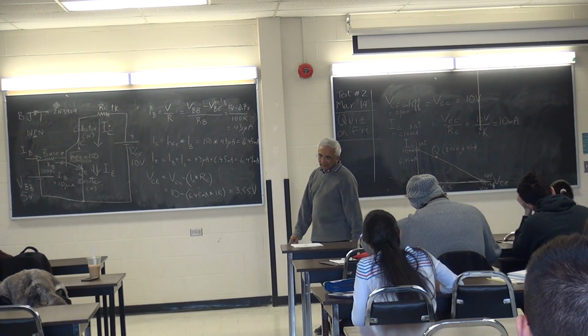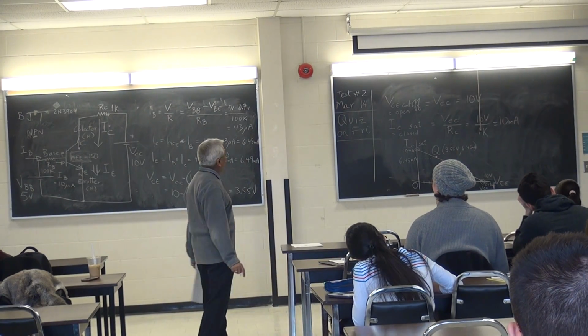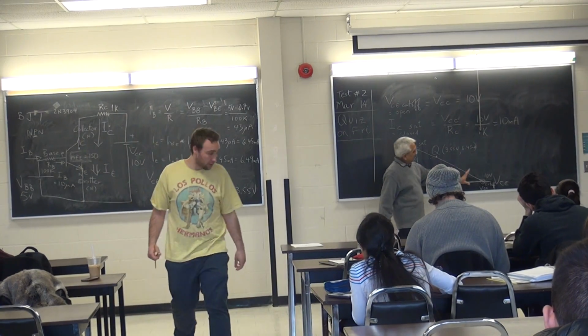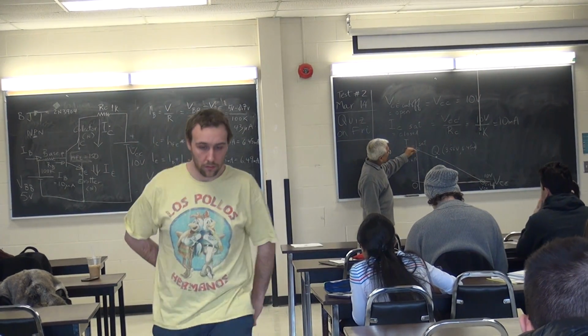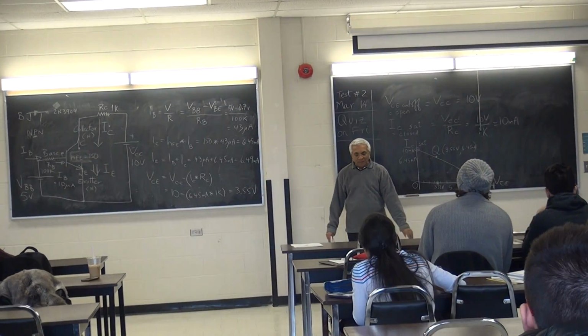That's my circuit and how it's behaving. Okay? It's not fully open. It's not fully closed. It's partially closed with a voltage of 3.55 across it.